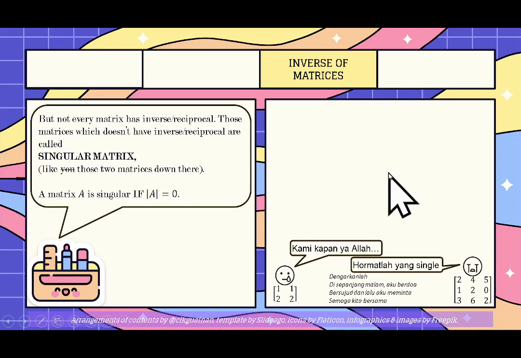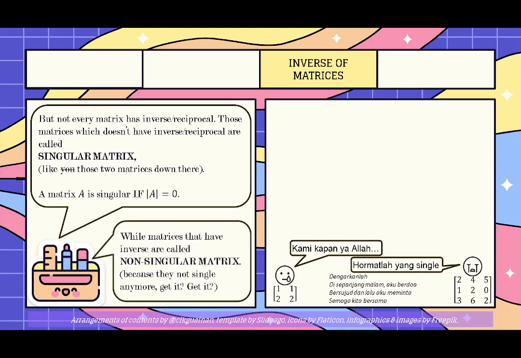So it's easy for us to determine. If we get a matrix and want to try whether it has an inverse or not, we find the value of the determinant first. If it's 0, then clearly it is singular, no inverse. If it's not 0, then it is what we call a non-singular matrix.